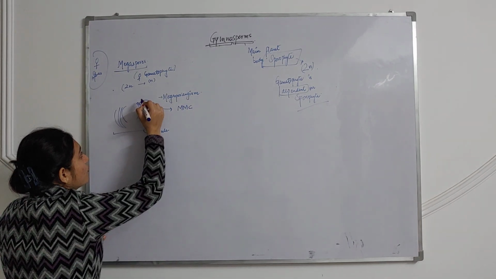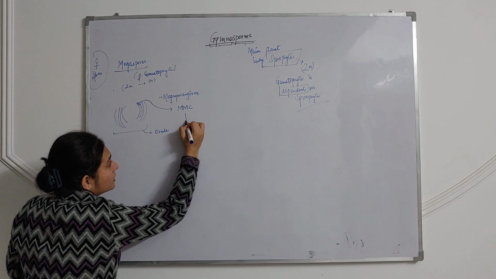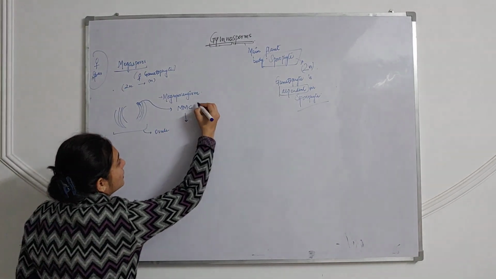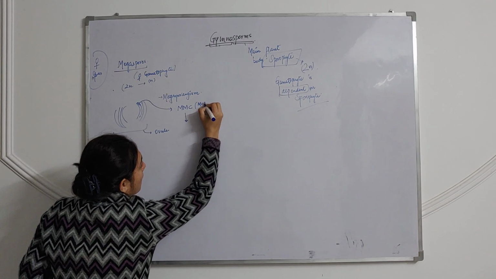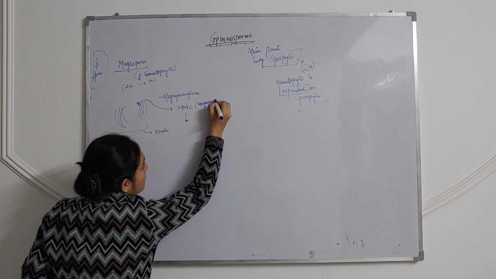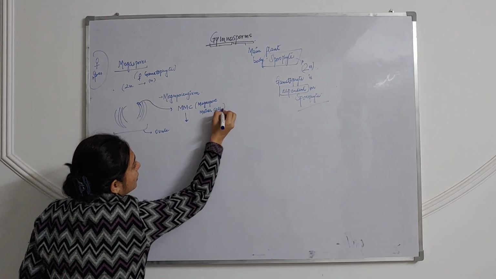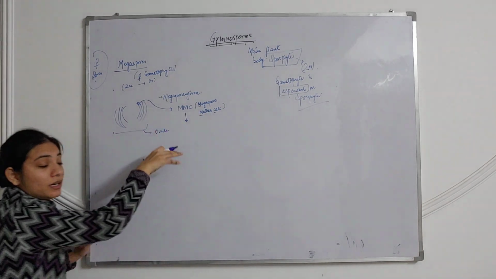One cell undergoes meiosis and forms the megaspore mother cell, and this megaspore mother cell is the mother of the other cells.